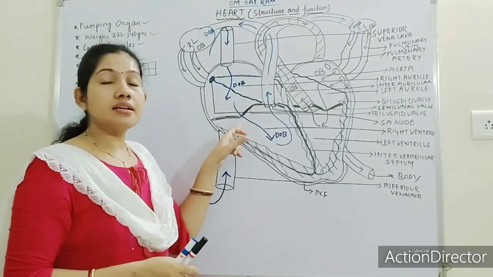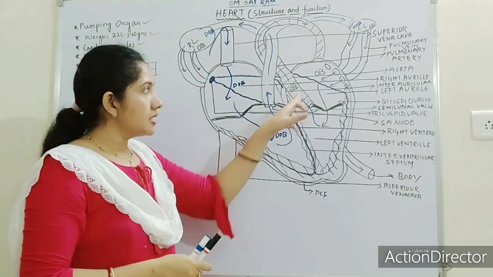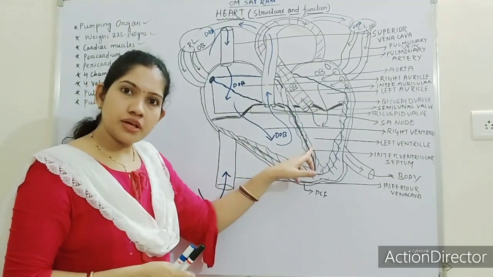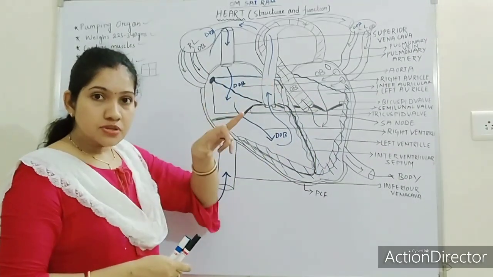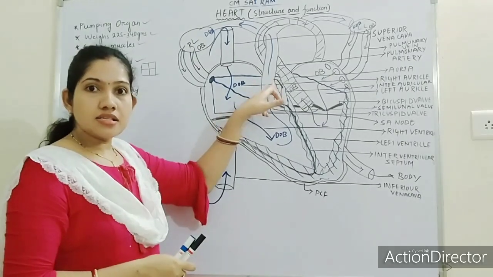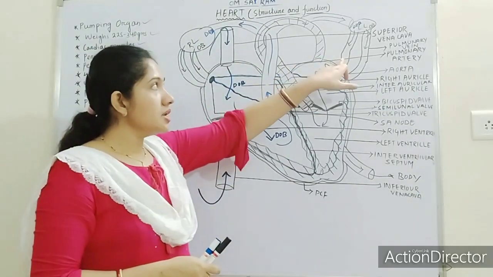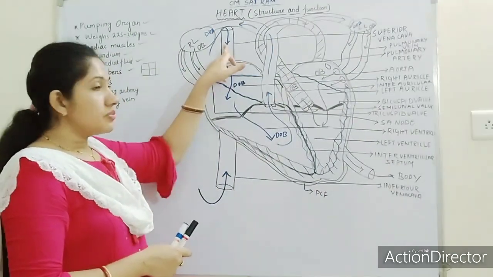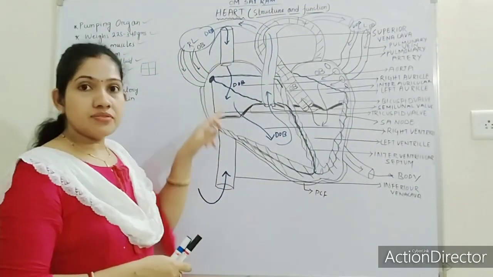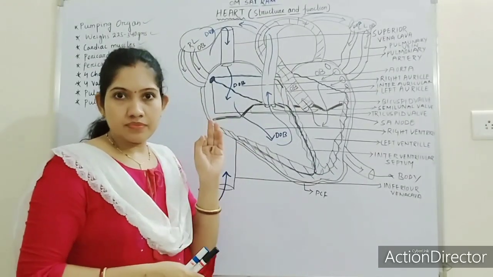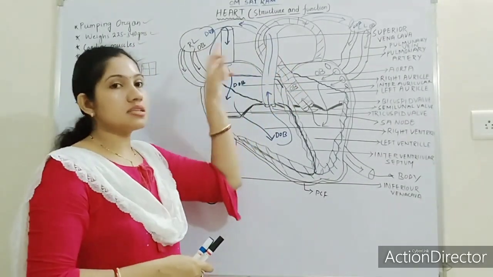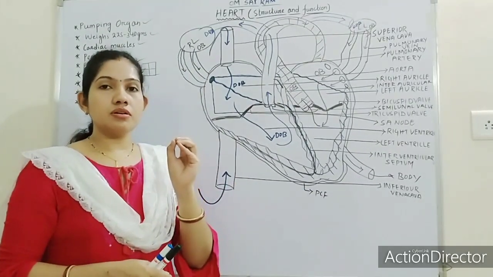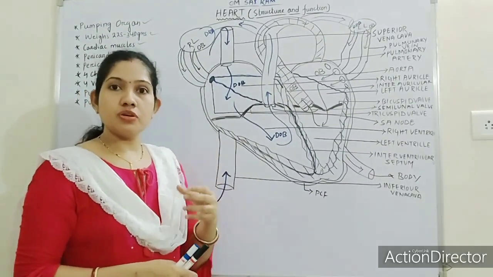The pulmonary artery is the exception: the pulmonary artery carries deoxygenated blood, and the pulmonary vein carries oxygenated blood. The superior vena cava and inferior vena cava are the largest veins in the human body. The aorta is the largest artery in the human body. These are some of the short questions which you might get.